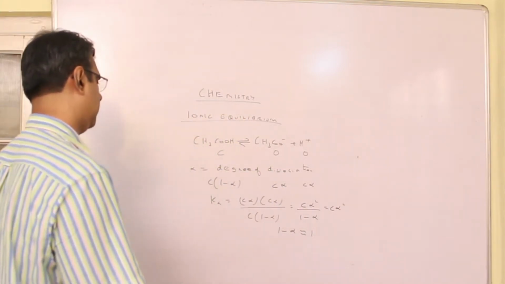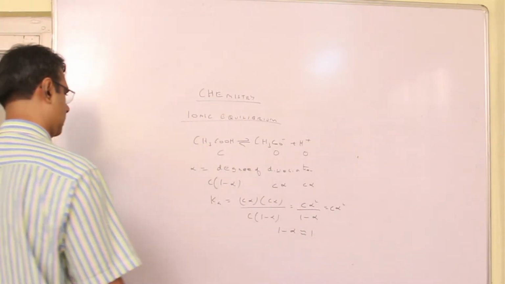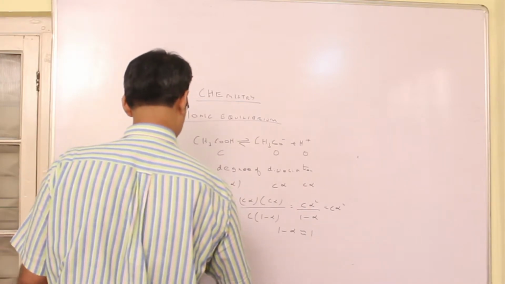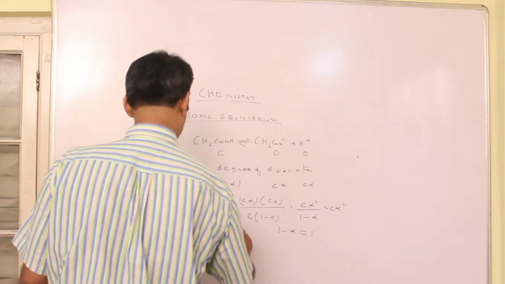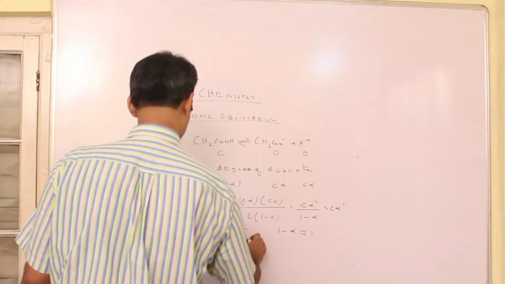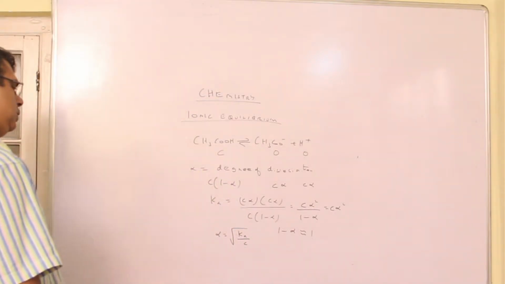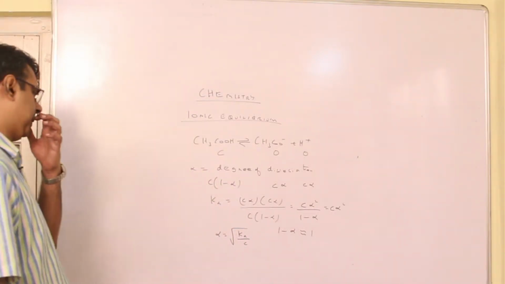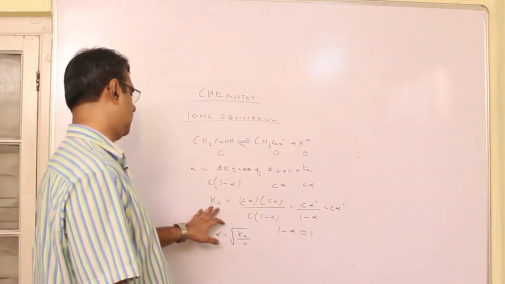So we will get Ka is equal to C alpha square, and alpha will be equal to root over Ka by C. So Ka is called the dissociation constant.